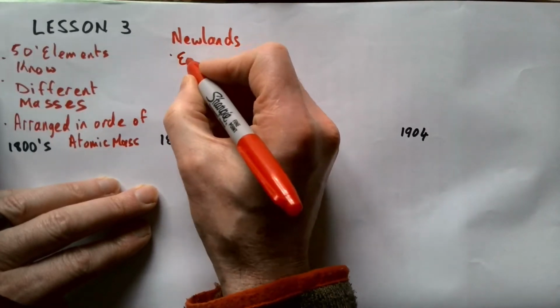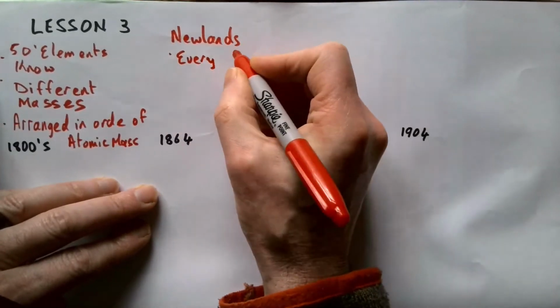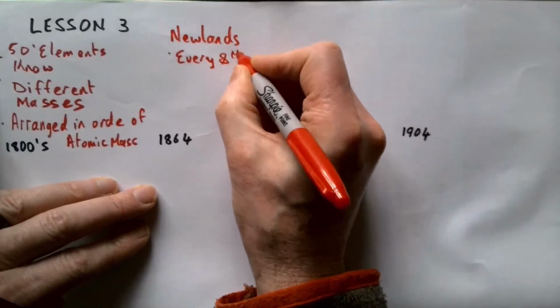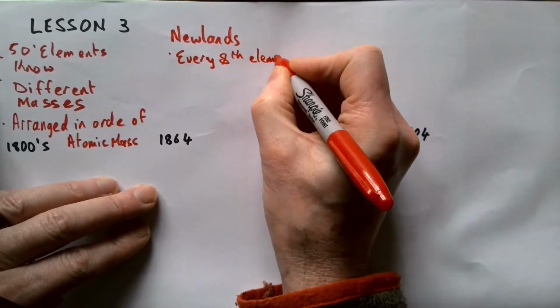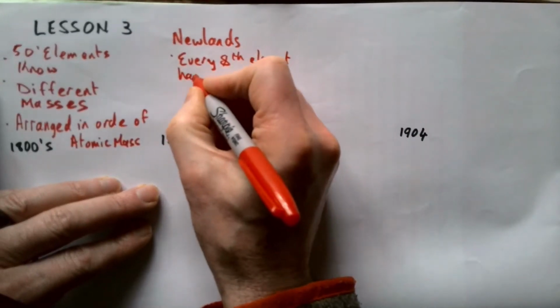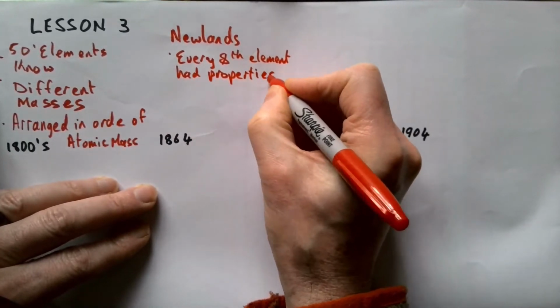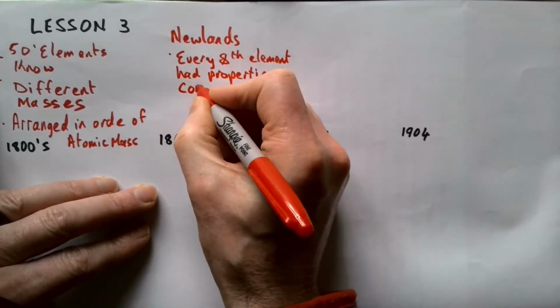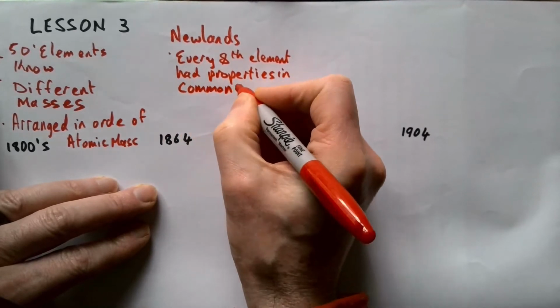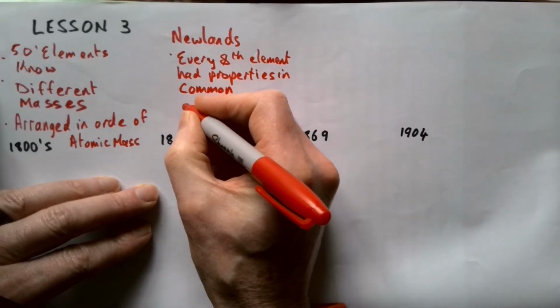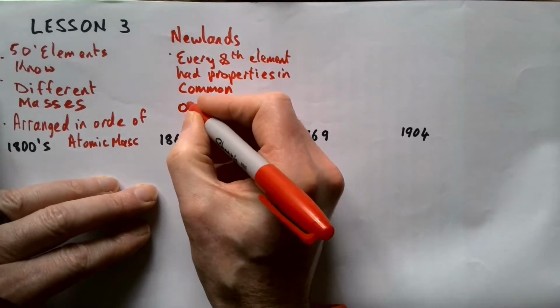So every 8th element had properties in common, and he called these octaves after the musical octaves of 8 notes.